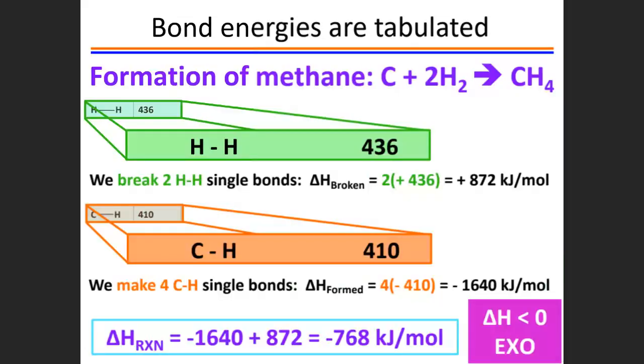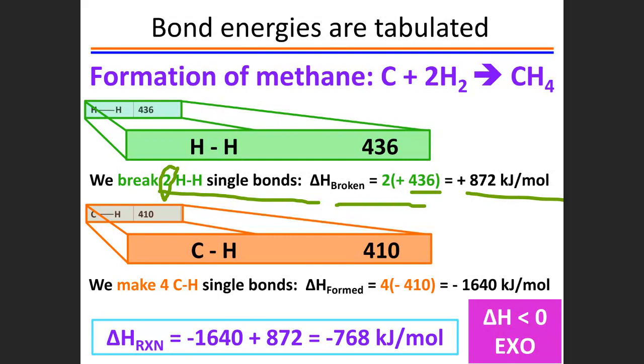Formation of methane. You can see we broke two hydrogen, as I already explained. So we break two H single bonds, and we find the energy for this single bond, times 2.